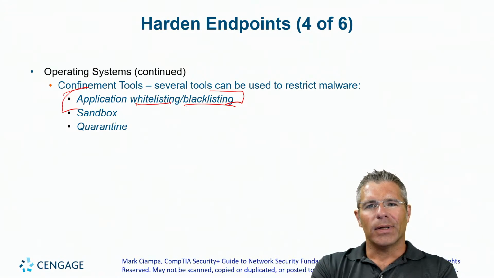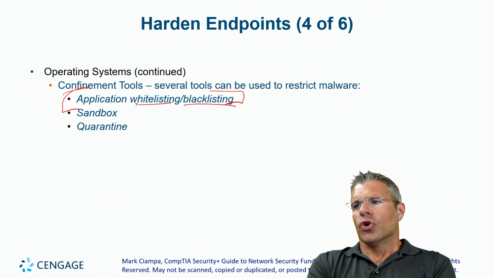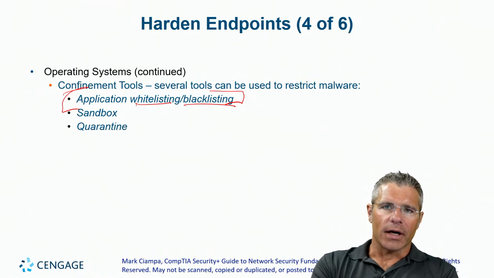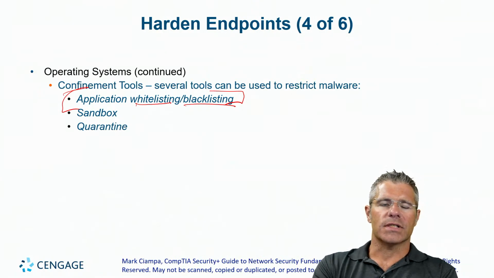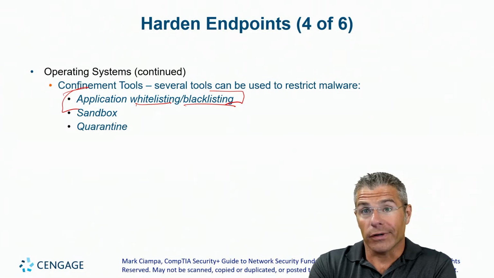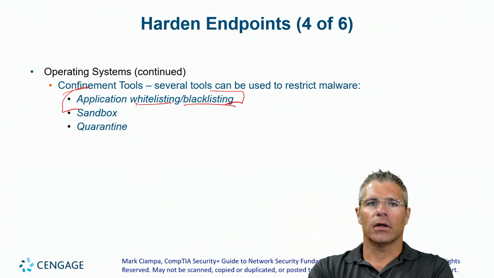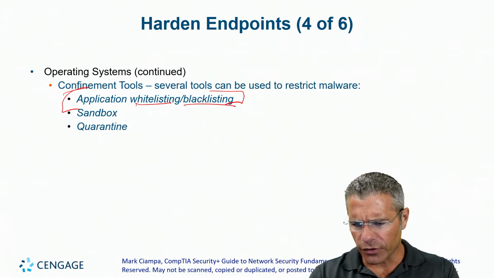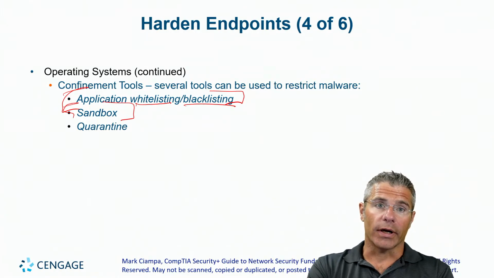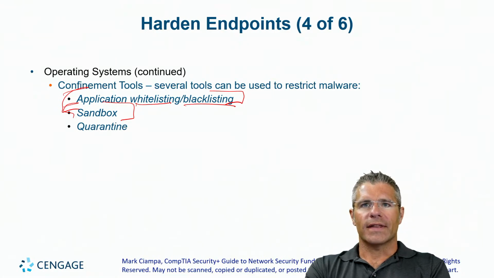So by applying an allow list, you can say things like, you're only allowed to run programs cryptographically signed by Microsoft, which oftentimes is successful, or you're only allowed to run programs that are signed, period, or signed by the following vendors.